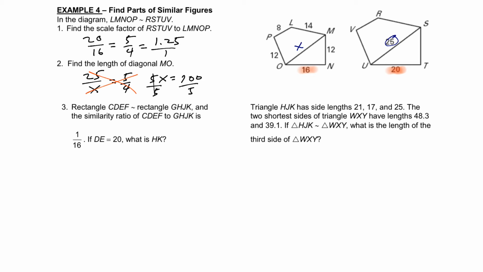The 5's cancel out on the left, and we get X equals 100 divided by 5, that would be 20. Since we set this up with X being the length of segment MO, and that's what they asked for, to wrap this up, we can write that the distance from M to O, or the length of that segment, is 20.